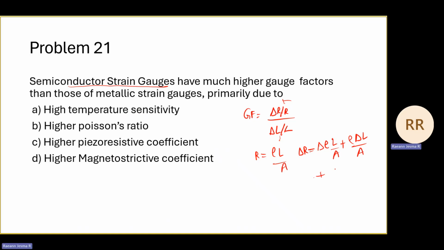It also can be due to change in the area, so that will become minus rho L by A squared into delta A. So if we take delta R by R relative, you will end up with delta rho by rho plus delta L divided by L minus delta A divided by A.